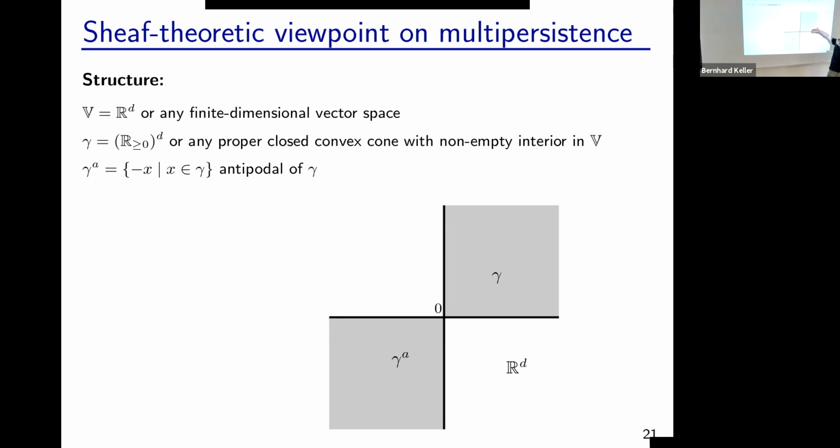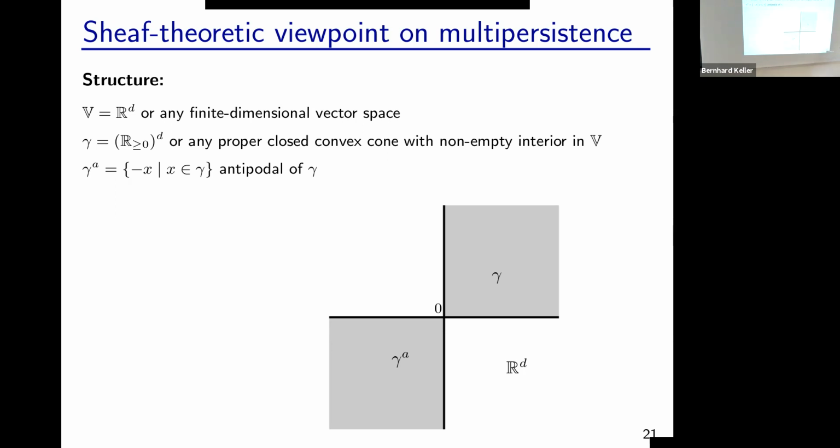In multi-parameter persistence, the cone is just the positive quadrant. But you can take any proper closed convex cone that has non-empty interior. So you're allowed to have a cone that's less open than this one, or even more open. It has to be proper, so it should have an angle that is less than pi. But apart from that, you have quite some freedom to choose your cone.